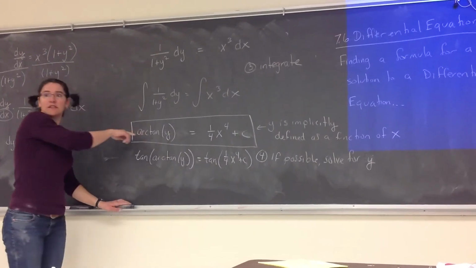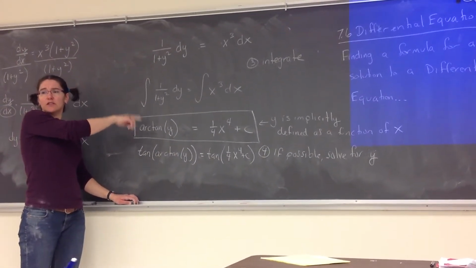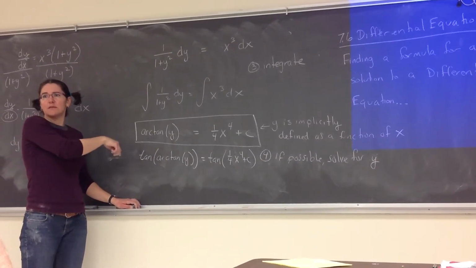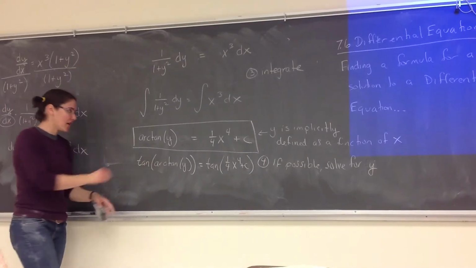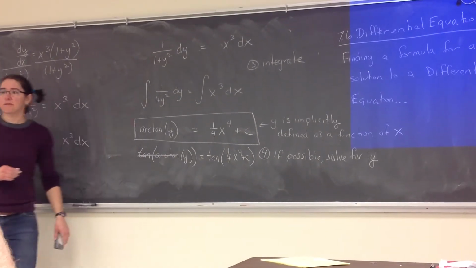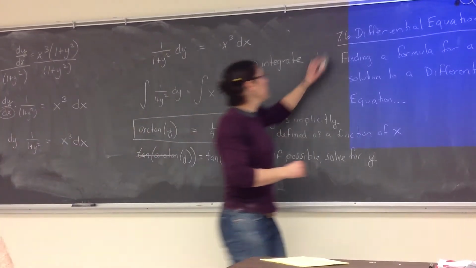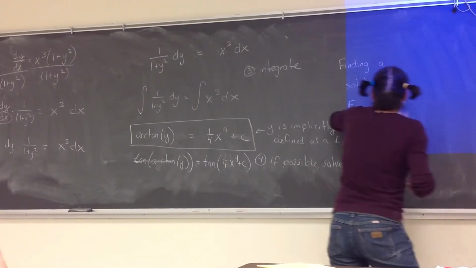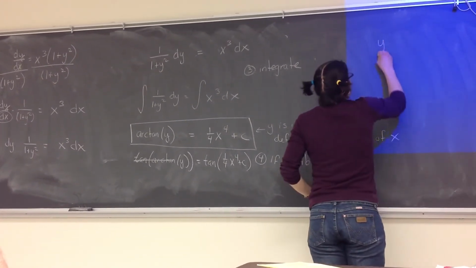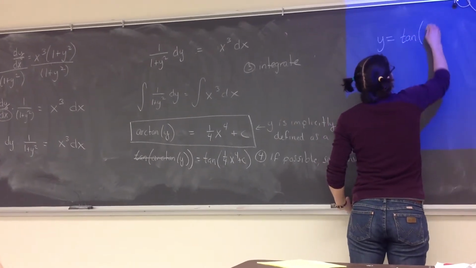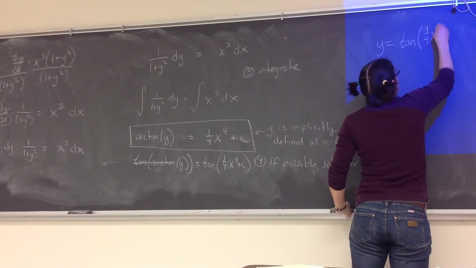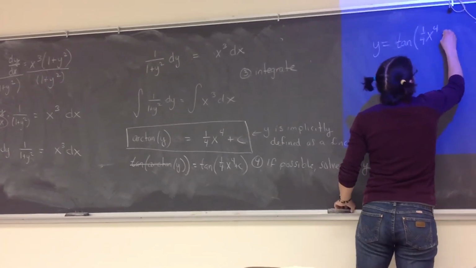So arctangent is the inverse tangent function, so to undo the inverse tangent, I hit it with tangent. So on the left-hand side, our tangent and our arctangent cancel each other, and we are left with y is equal to tangent of 1/4 x to the fourth plus c.